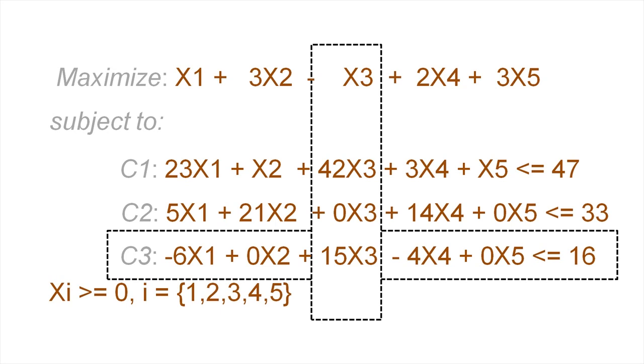Since all variables are non-negative, this makes the C3 constraint redundant, because any value of the variables would satisfy the constraint. Thus, it makes sense to remove the C3 constraint from the problem and enhance computational effort.